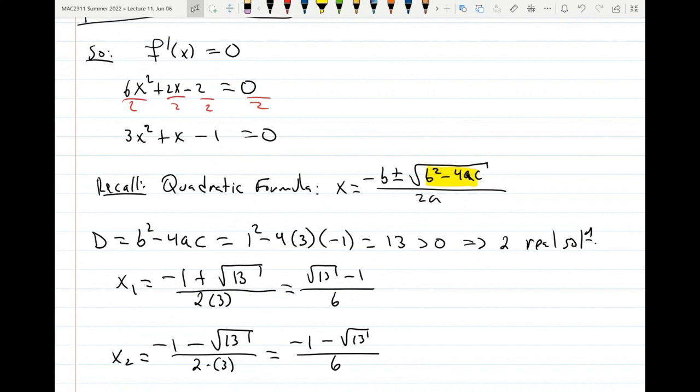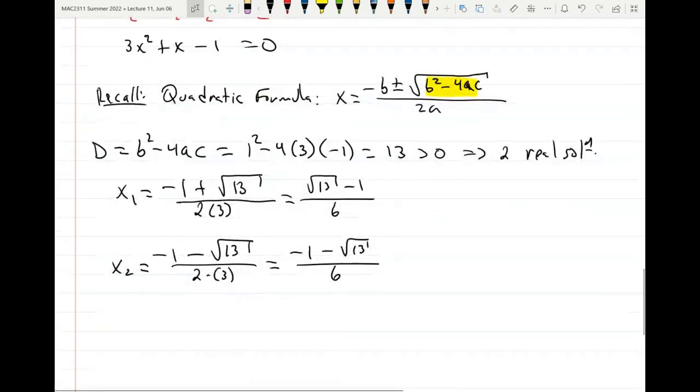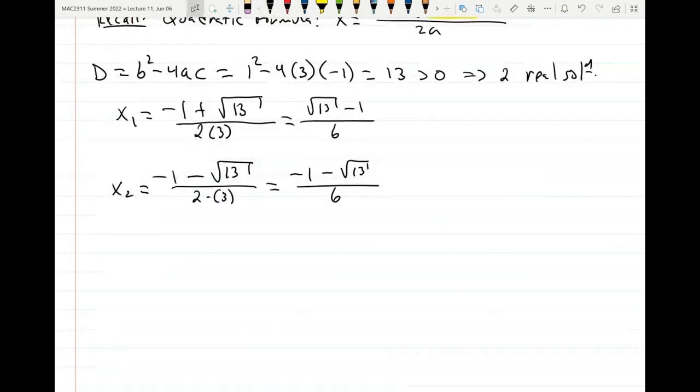This is the x. You have to plug it into the actual function to get the y. Okay? I'm not going to do that because it's a pain. Anyways, as long as you know the x, you can find the y by just plugging in. Okay?